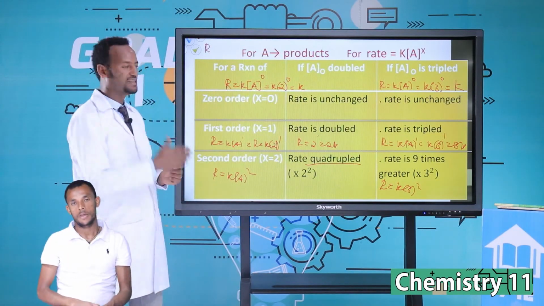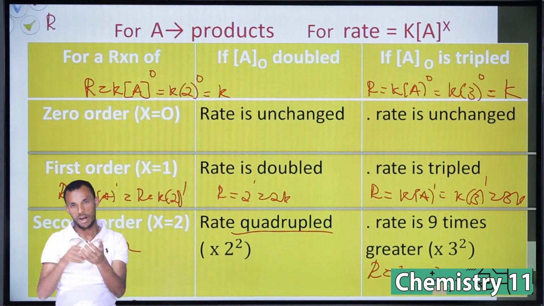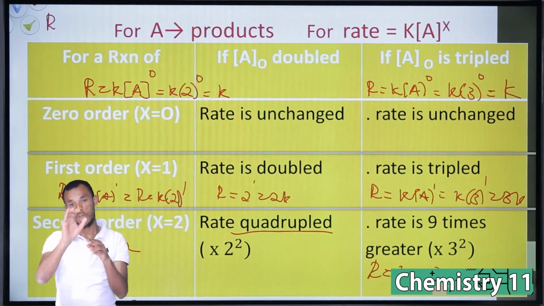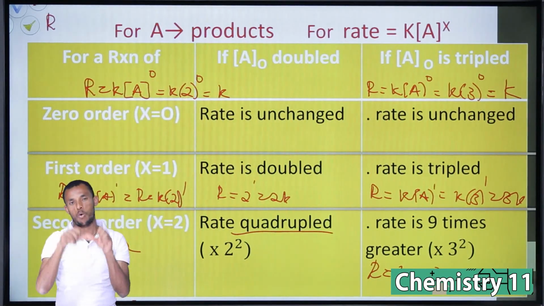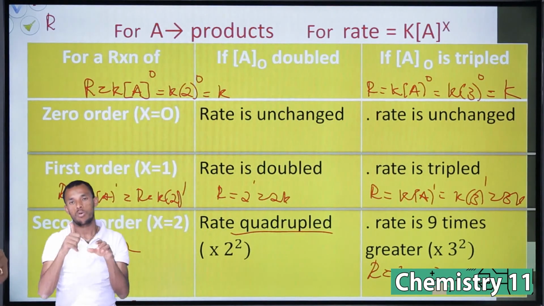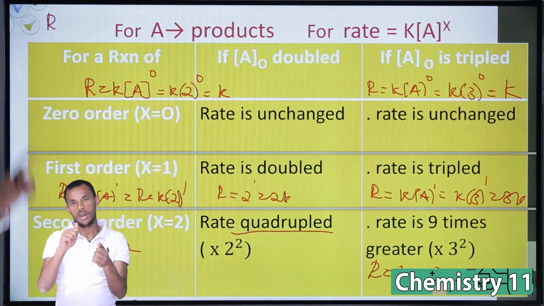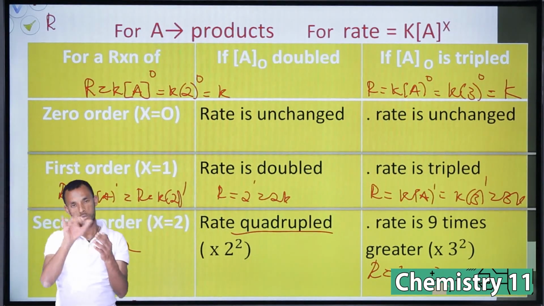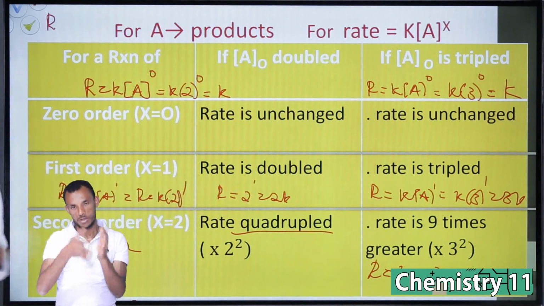This table simply indicates for zero order reaction, the concentration increases or decreases, rate is unchanged. Rate is constant. Which order of reaction does not depend on concentration? Zero order reaction, because any number to the power of 0 is already 1. For first order reaction, the concentration is doubled, to the power of 1, rate is doubled.